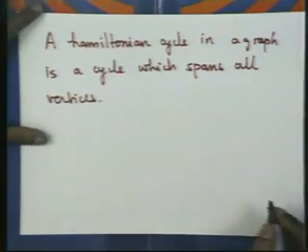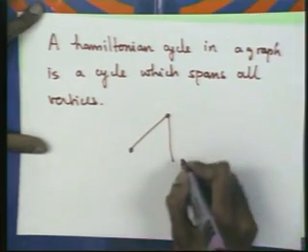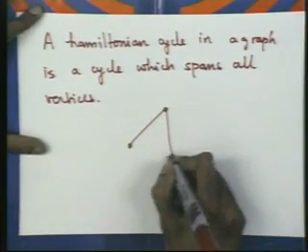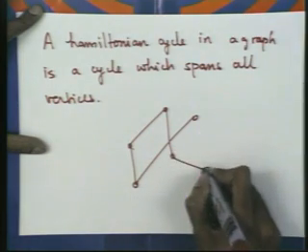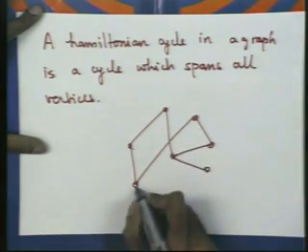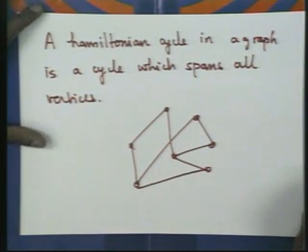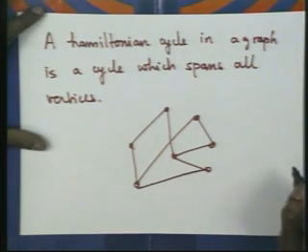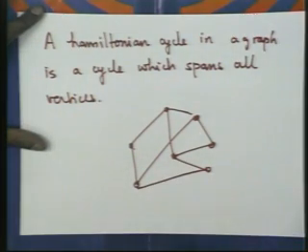Okay, so let's look at an example. Supposing this is a graph. Maybe let me add this too. Now, here is a Hamiltonian cycle in the graph.